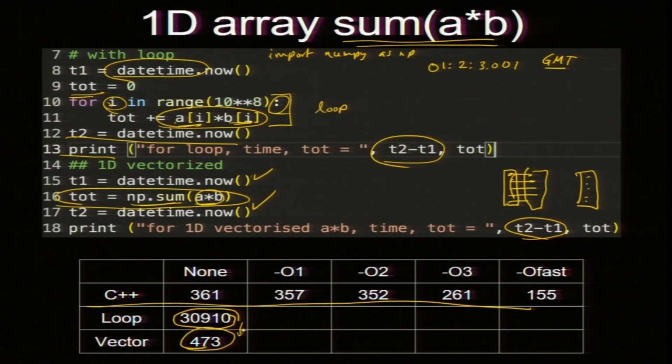So, the ratio is around 80. 30910 divided by 473, you can look at the number, it is around 80. So, vectorized operation, this one line operation, is 80 times faster.